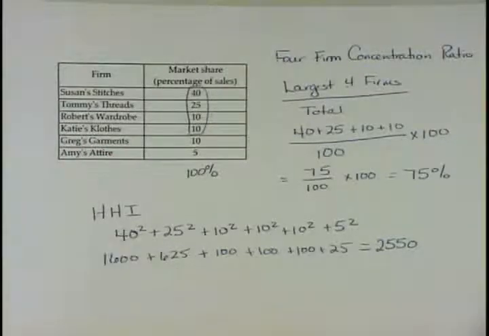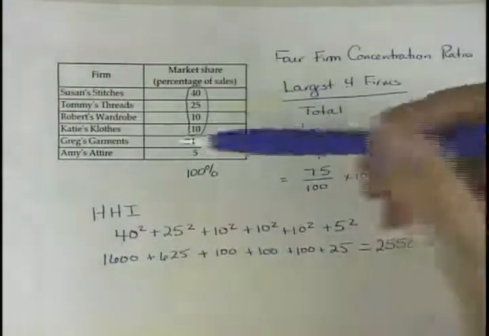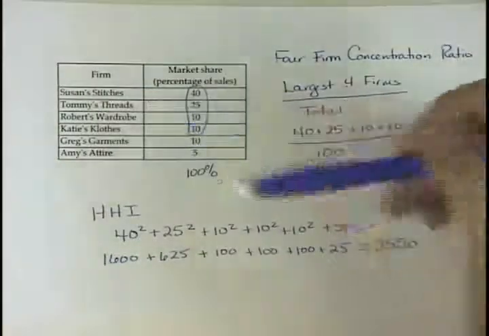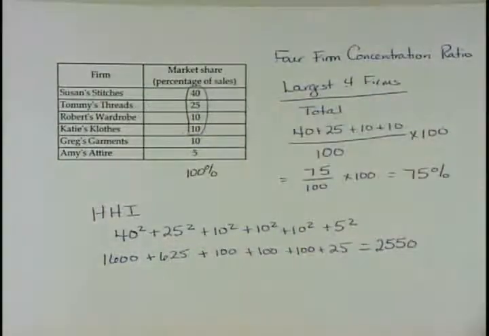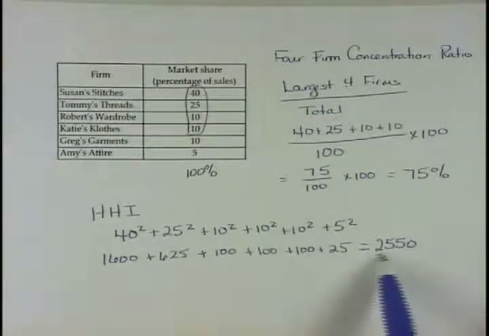If it's less than 1,000, it's a very competitive industry. If it's between 1,000 and 1,800, it would be moderately competitive. Anything over 1,800 is considered concentrated. So if, say, Robert's Wardrobe and Tommy's Threads wanted to merge, the Department of Justice would consider that and say, well, how's it going to impact this?